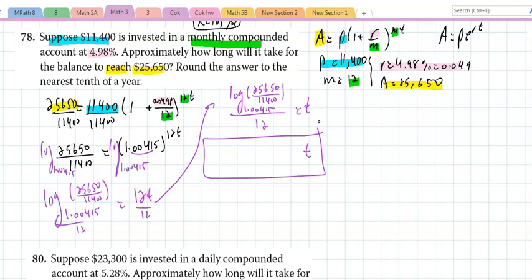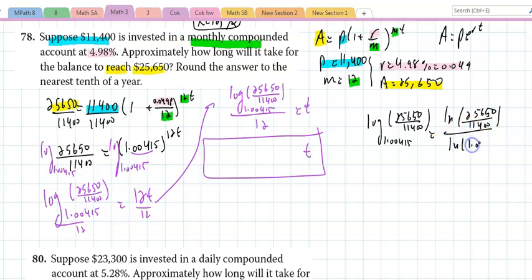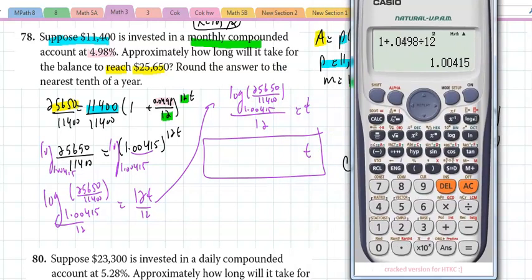How am I going to figure that one out? I'm going to get my calculator out, and guess what? Log of 1.00415 with a base of this quantity. Isn't that natural log of 25,650 divided by 11,400 divided by natural log of 1.00415? That's called change of base formula. So when I want to plug that in my calculator, I'm going to take parentheses as I see it.